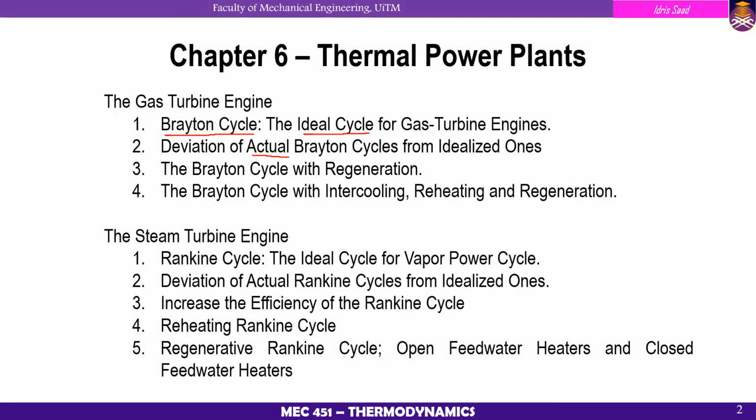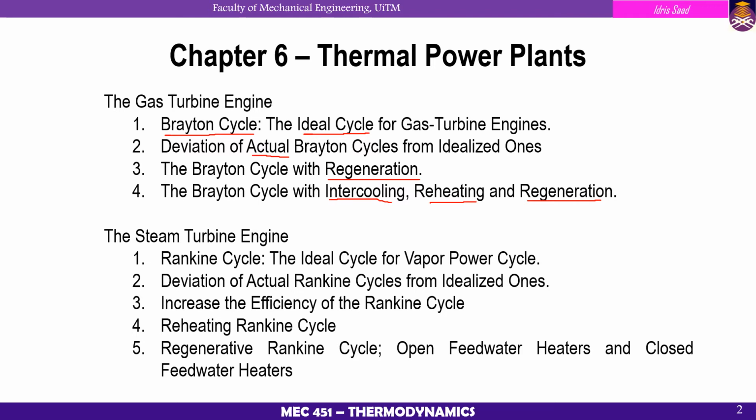After that, we will learn how to impose the regeneration into the gas turbine engine. And finally, we will put the intercooling, reheating and regeneration on the gas turbine engine. So basically for the gas turbine engine, we have four main stages. The first one is ideal, the second one is actual, the third one is regeneration, the fourth one is intercooling, reheating and regeneration. Okay, that is for the gas turbine engine.